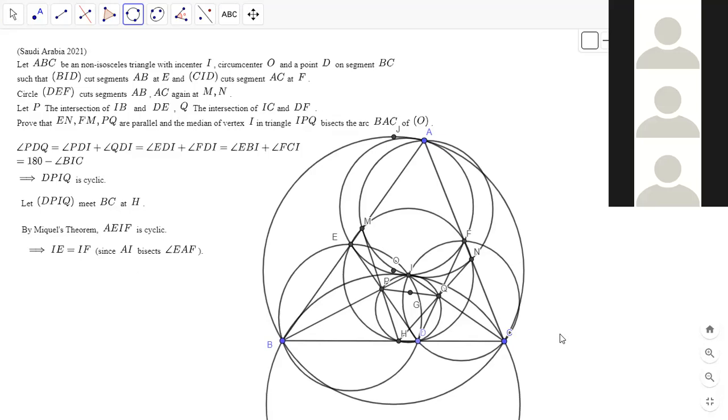Maybe we don't need H. And then I also thought we showed MNIH is cyclic, so that meant that by Mikkel's theorem AMIN is cyclic.